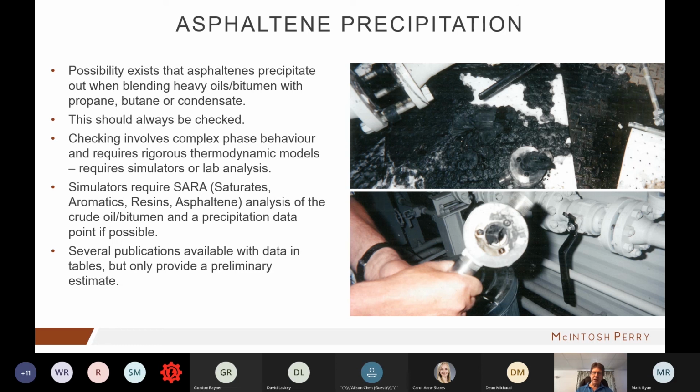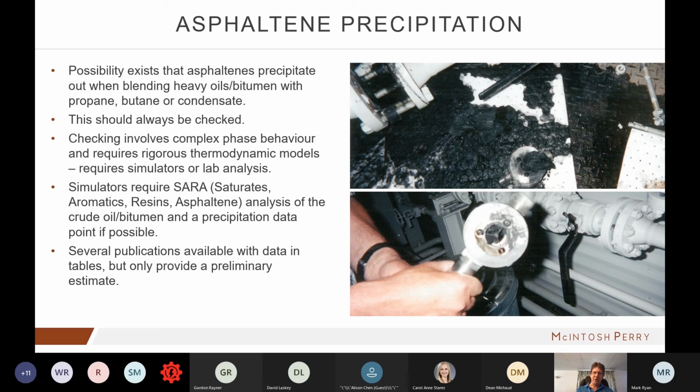And if you got lucky, maybe you'd find a similar crude oil with a similar blend stock, and it might give you a very, very high level estimation of whether you're going to get asphaltene precipitation or not. Again, I'm not advocating that it's going to be the most accurate thing to do, but it may give you, as I said, just a very high level estimation, and may indicate when you have to do lab data.